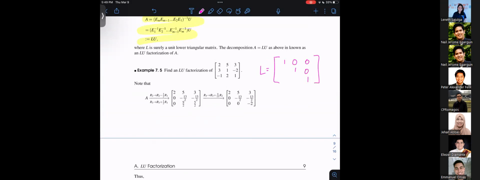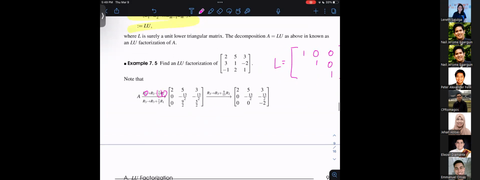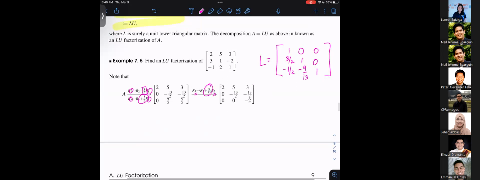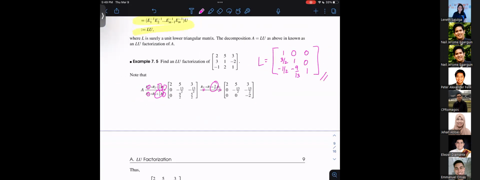Now, entry on the second row, first column, will be the multiplier over here. So I'll have 3 over 2. And then third row, first column, I have a plus 1/2 here. I need to reverse the sign. So this will be negative 1/2. And on the third row, second column, I have a plus 9 over 13. So here I'll have a minus 9 over 13. And that's going to be our matrix L.